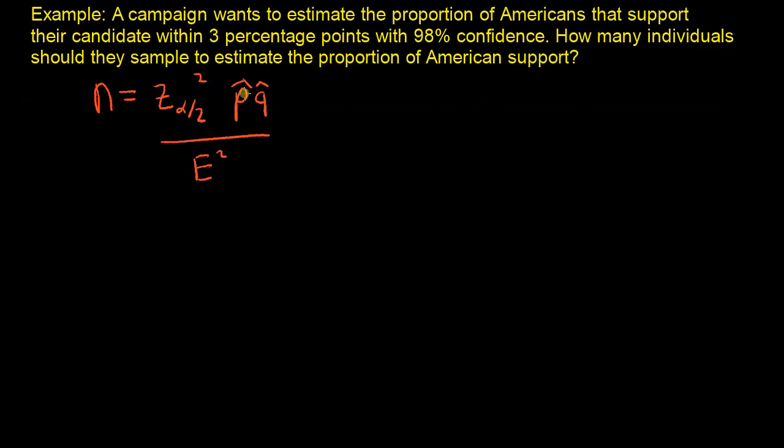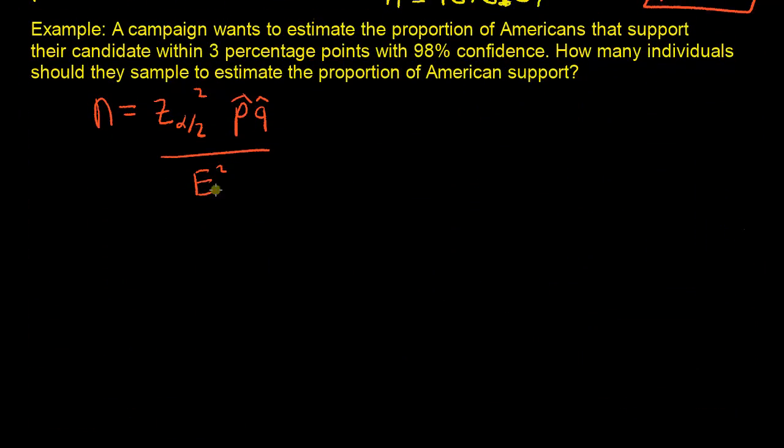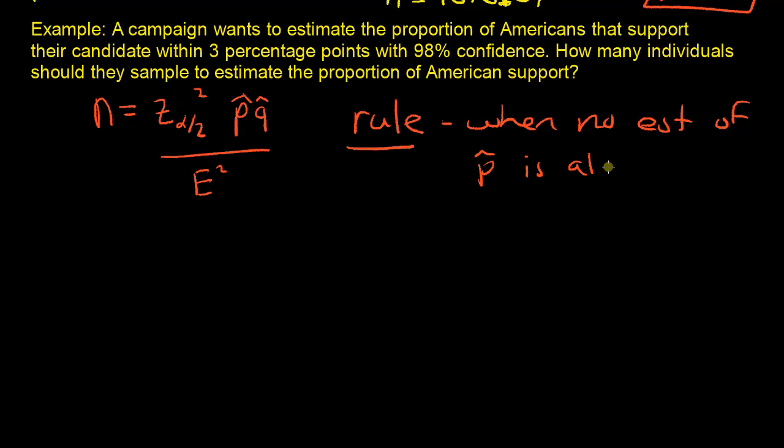Right? So in this example, they don't give us an estimate of P hat. Right? That's the main difference between this example and the example we just did. So what are we going to do? Right? So in the situation where they do not give you an estimate of P hat, this is a rule: when no estimate of P hat is available, set P hat equal to 0.5.